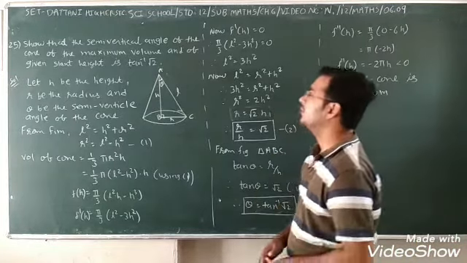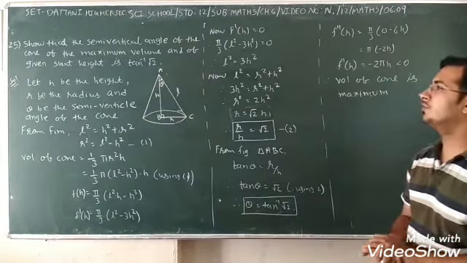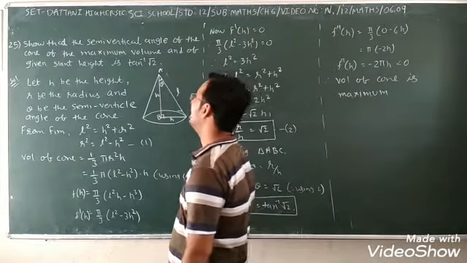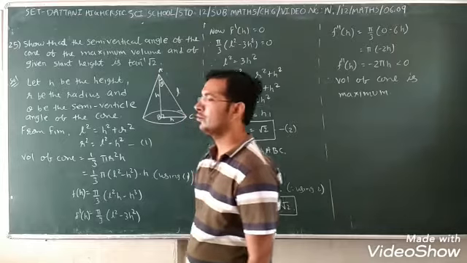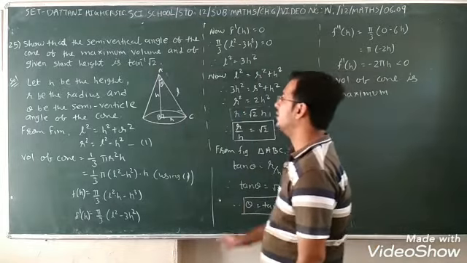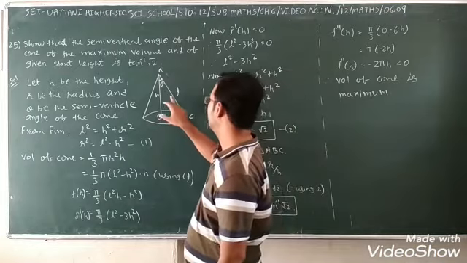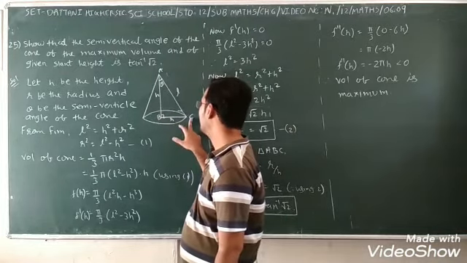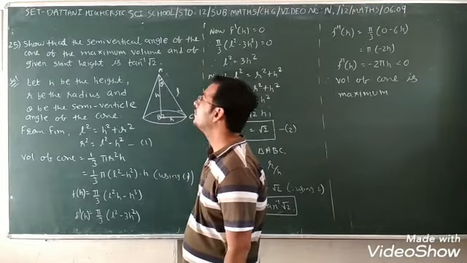Sum number 25. Show that the semi-vertical angle of the cone of maximum volume and of given slant height is tan inverse root 2. So here the cone is given, so we take a cone, that is AB, that is h, height, r, radius, l slant height and angle theta.